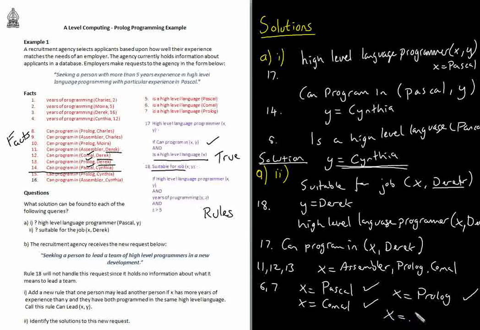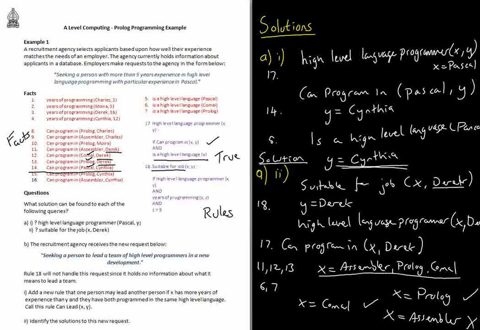But the moment X equals assembler, there isn't a rule that says that. There's no is a high-level language assembler. So that's not fine. So we can't do that. And not only that, I looked at a programming language there that I didn't need to. Pascal. I'm going to get rid of it, because it's not one of the values that was returned here. So what have I found? So far I've found that Derek can program in Prolog or COML.